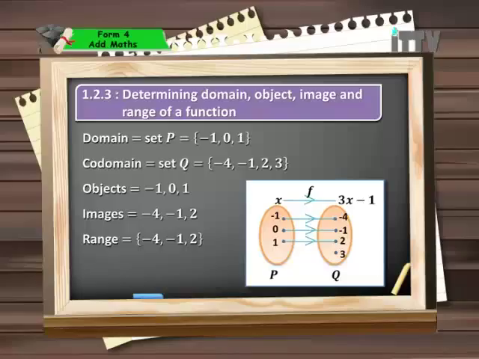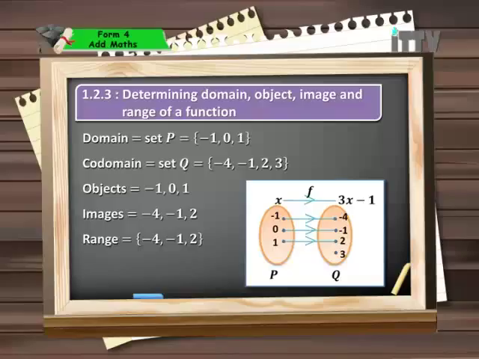Meanwhile, the objects are the values from set P, -1, 0, and 1, and the images are -4, -1, and 2 respectively. We leave out the value of 3 because, as mentioned earlier, 3 is not an image for any of the objects in P. Notice that the range is a set of values again, which is the same as the values of the images.